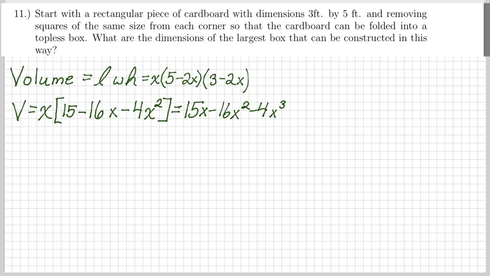Alright. I'm assuming you're with me there. You seem like you would have objected by now if you weren't. So now I am prepared to take the derivative.